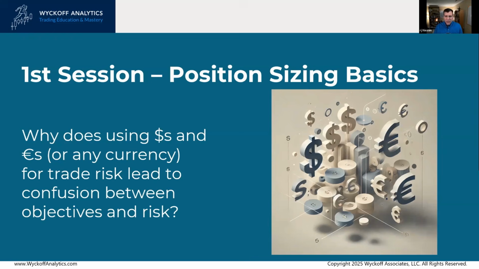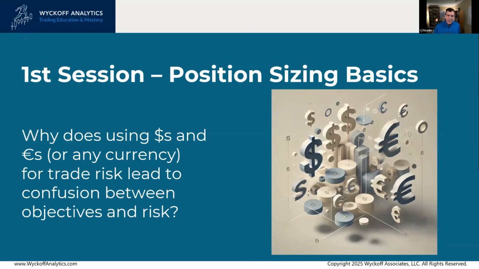It actually breaks down into three different domains. So we'll talk about how to communicate those ideas in different ways without using dollars and euros or any kind of currency symbols or terms.